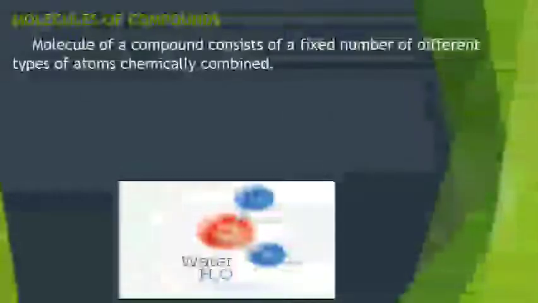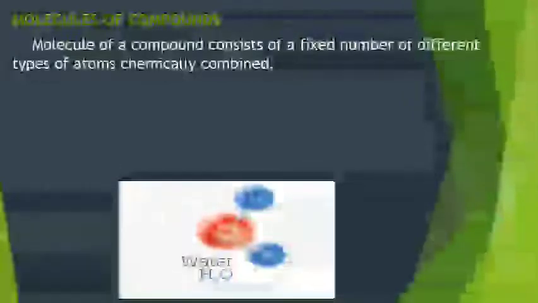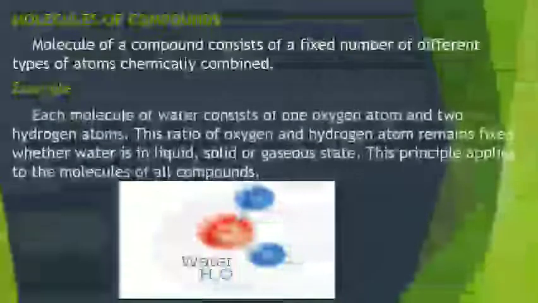A compound is a combination of different types of atoms. So we can define that a molecule of a compound consists of a fixed number of different types of atoms that are chemically combined. The example given here is water.